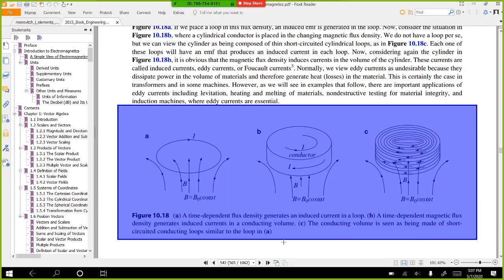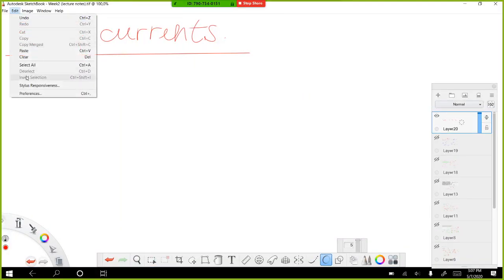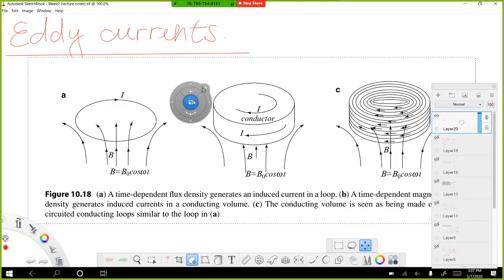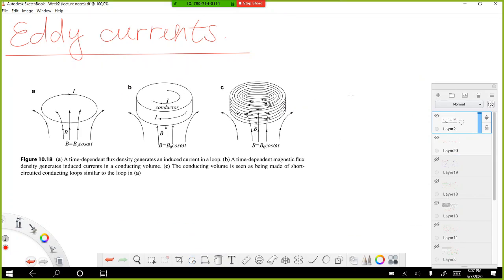Well, now let me show you the demonstration. So okay, here, in the figure A, the situation is similar to the situation that we have already discussed in past lectures.